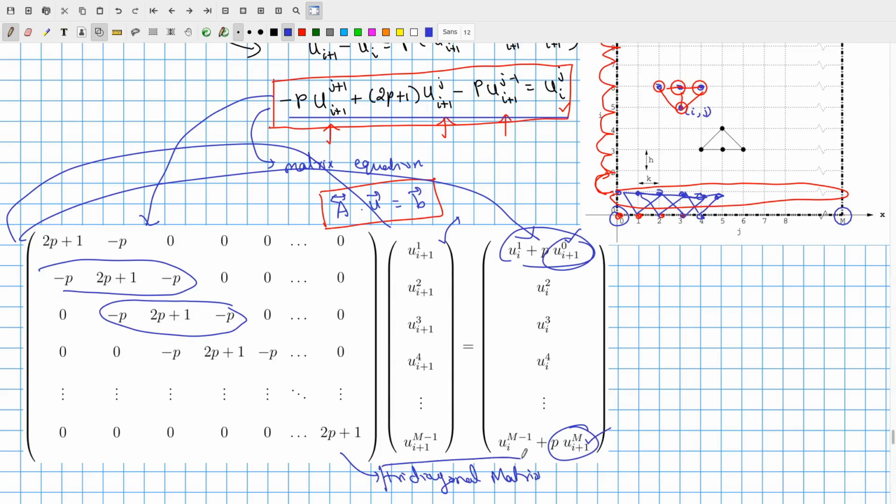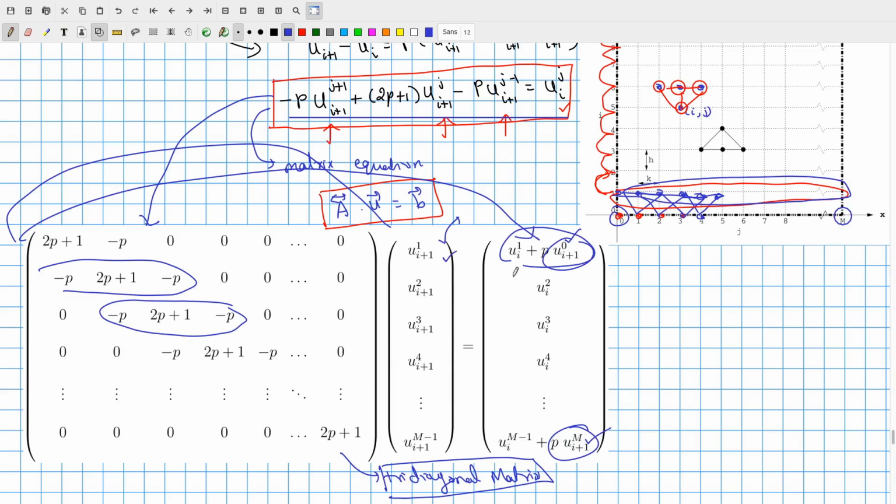So you have to solve this tridiagonal matrix to find out the value of u for the next grid point.